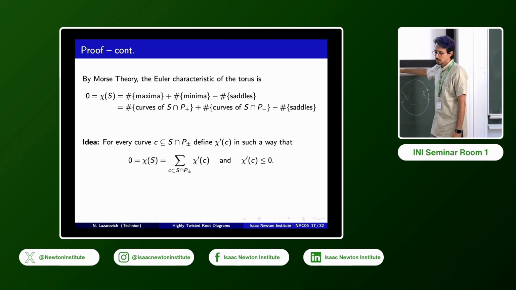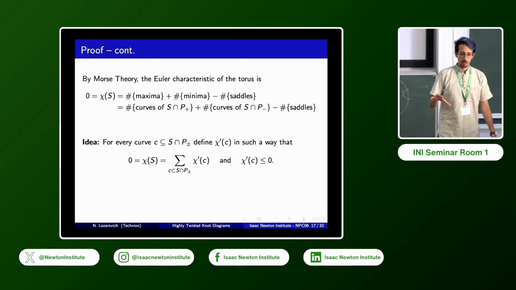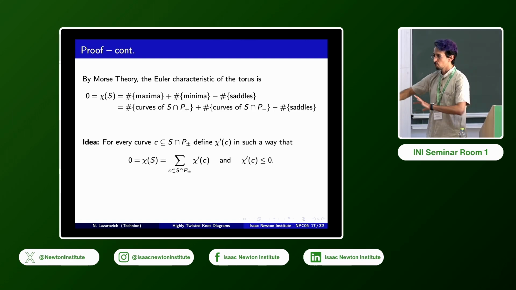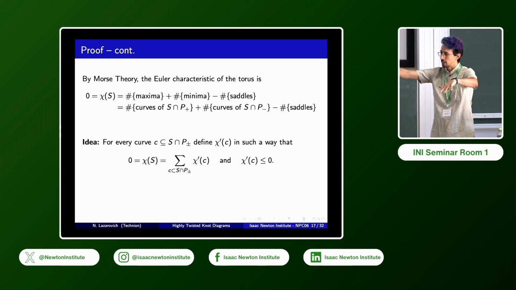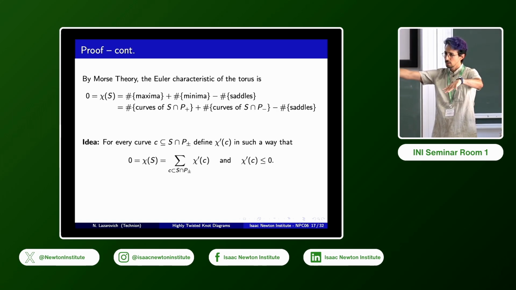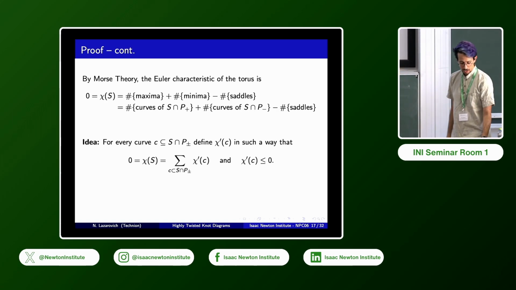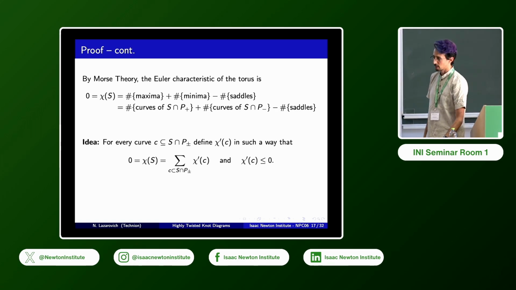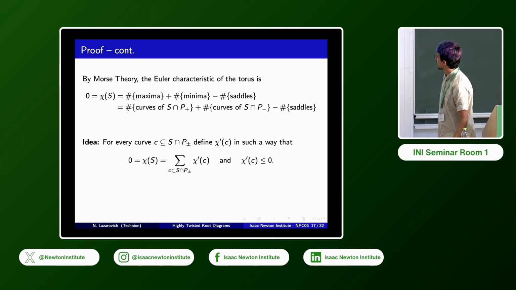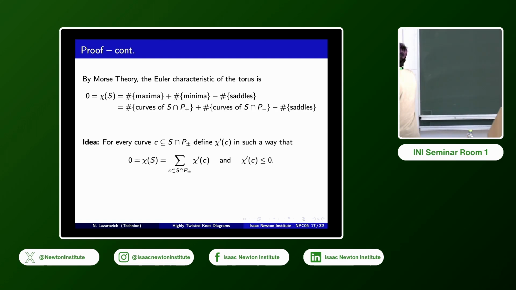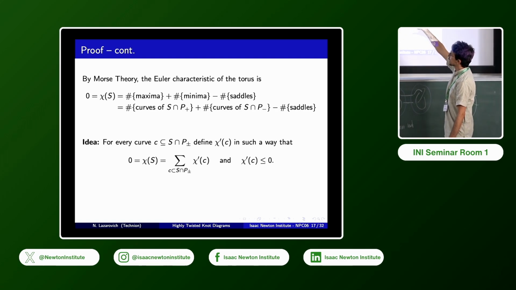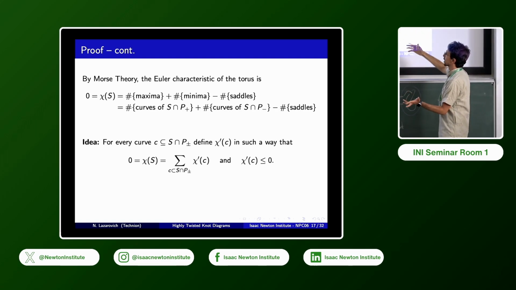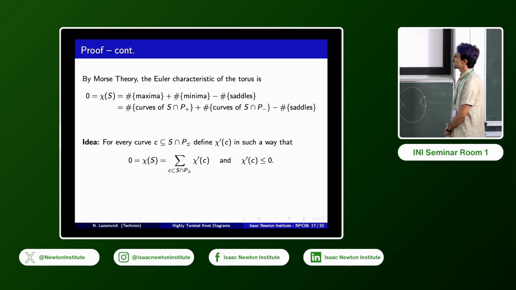So here the trick is, whenever you see something that's positive, try to push it around until it hits something negative and cancels out. Again, this is an idea that exists in small cancellation theory. So for each curve, define a sort of redistributed contribution of this curve to the Euler characteristic.